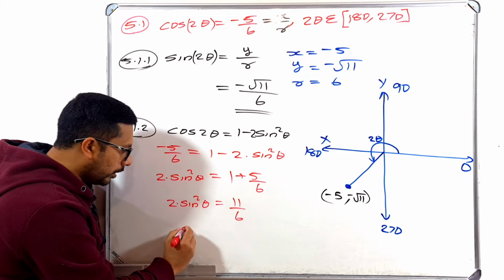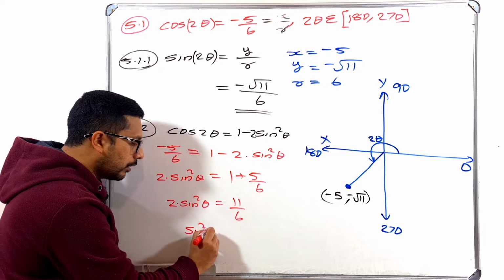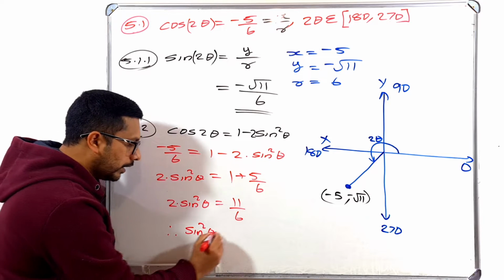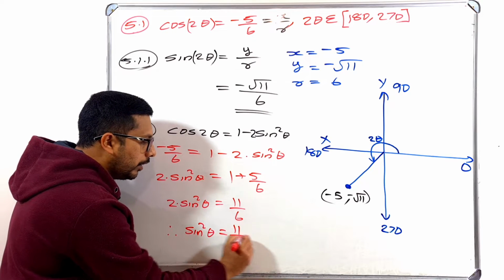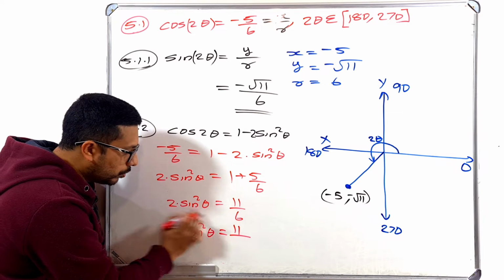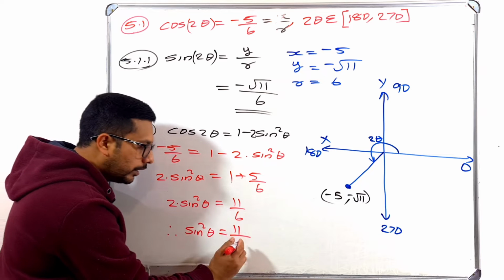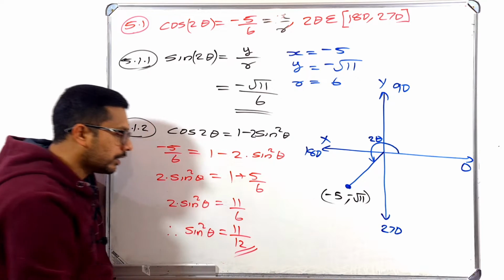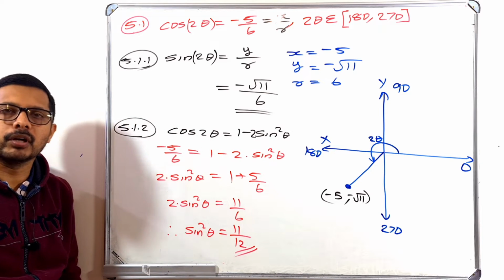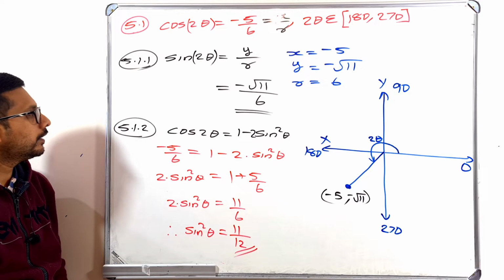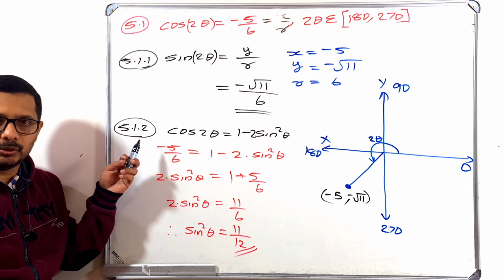So now look at this one, sine square theta. Therefore sine square theta is equal to 11 divided by, this 2 will multiply with this denominator, so 2 times 6, that is 12. So what is the answer of sine square theta? 11 over 12. And that is question number 5.1.2.